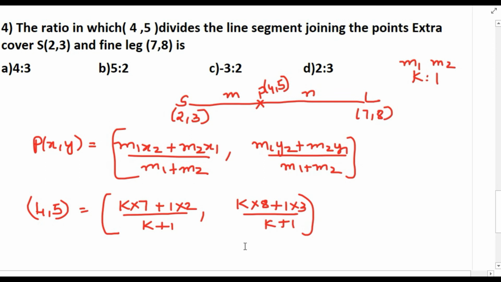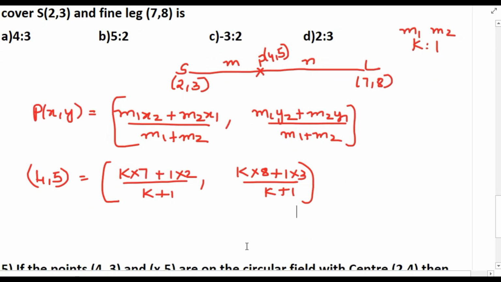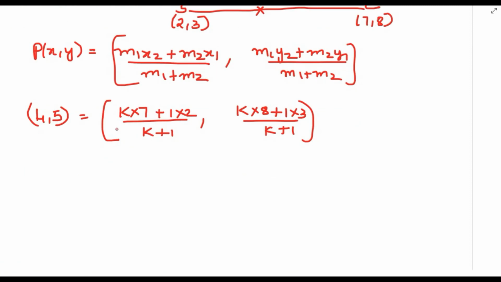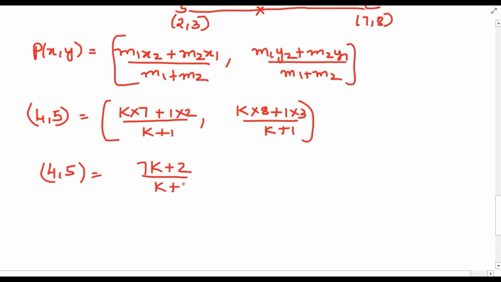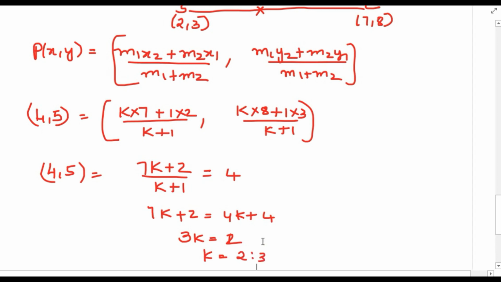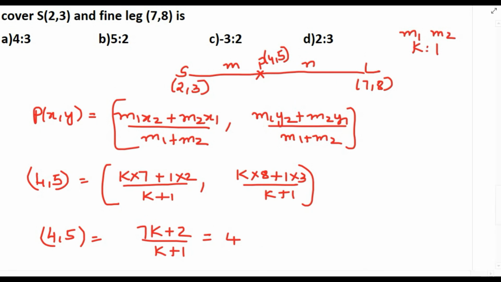We can equate any one and we'll get the ratio. I'm going to equate the x coordinate: 7k plus 2 by k plus 1, and my x coordinate is 4. So 7k plus 2 equal to 4k plus 4. 3k equal to 2, since 4 minus 2 is 2. So k equal to 2 is to 3. The ratio 2 is to 3 is there in the brackets, so the answer is 2 is to 3.